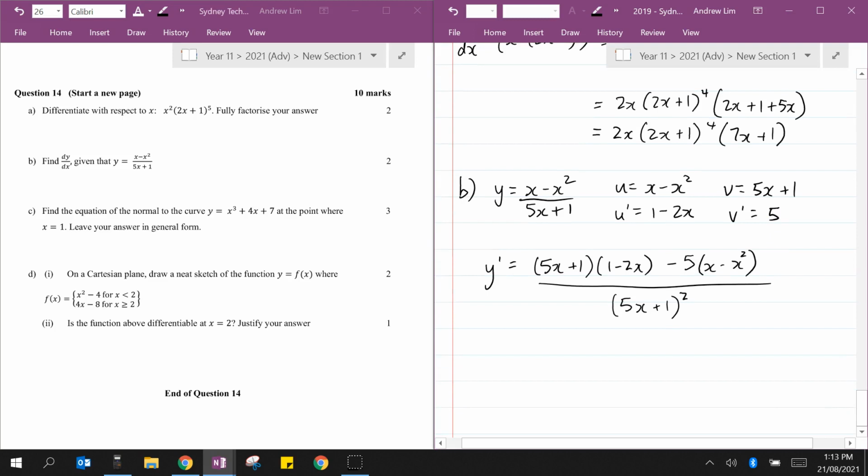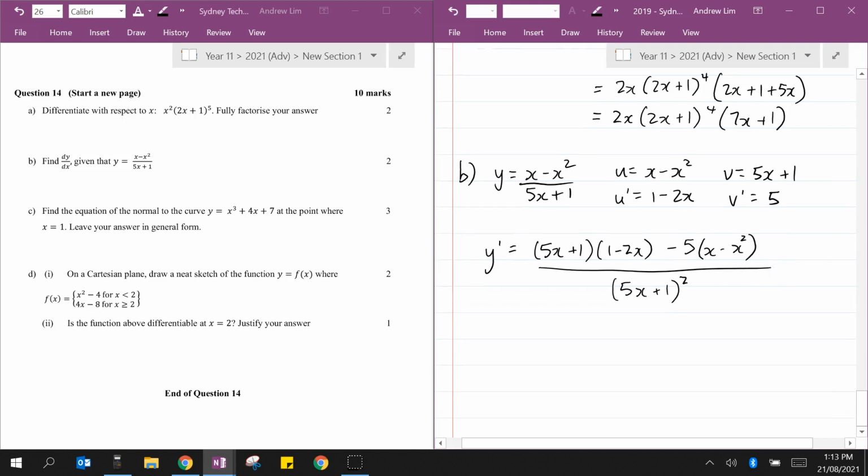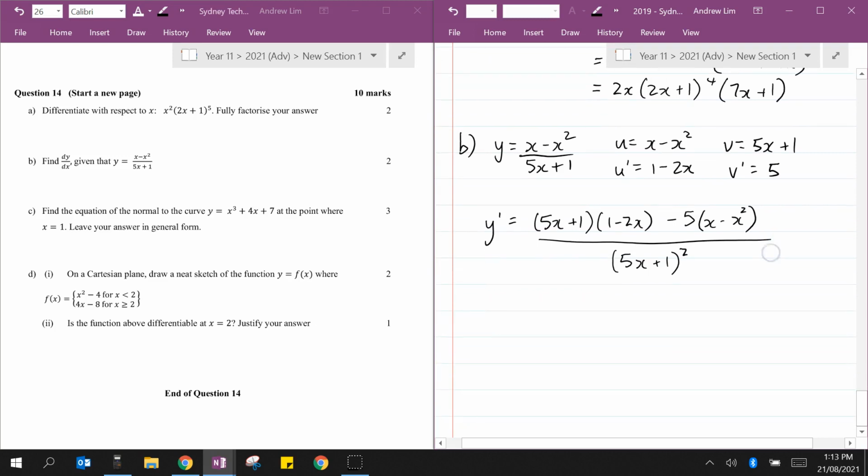I wonder if that's enough, or whether you need to expand and simplify. Let's expand and see what we get. So we expand this, we'll get 5x minus 10x squared plus 1 minus 2x minus 5x plus 5x squared, all over the 5x plus 1.